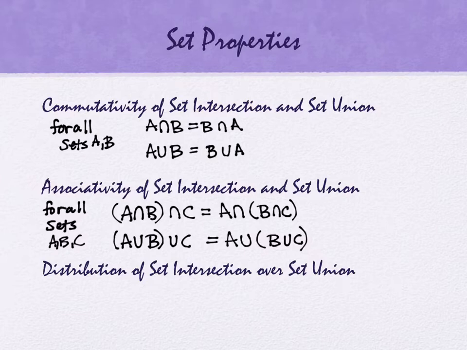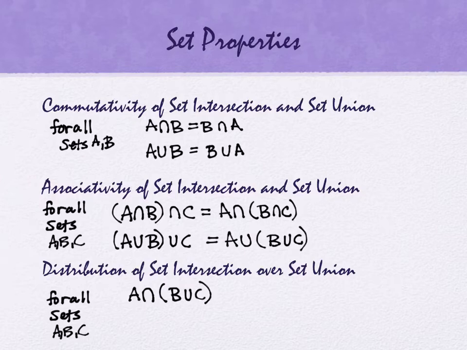And the third one, that's actually kind of a descriptive property of these sets, has to do with combining intersections and unions together. So it's the distribution of set intersection over set union. Again, same as before, for all sets A, B, and C, if we take A and do an intersection with B union C, you have the ability to distribute this across.